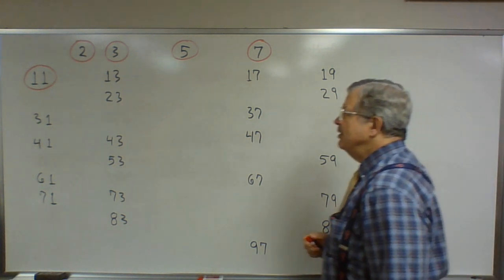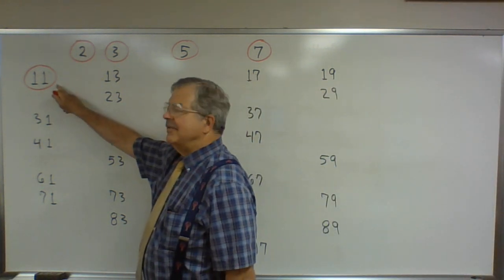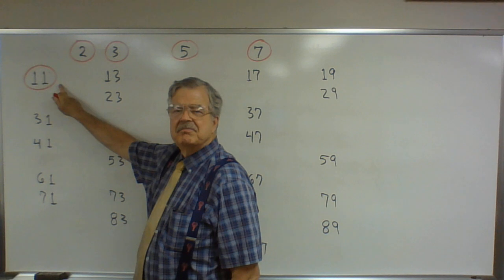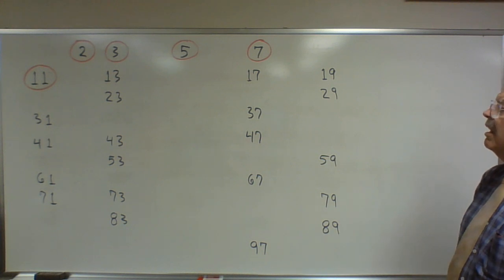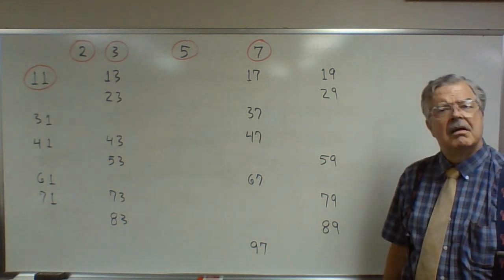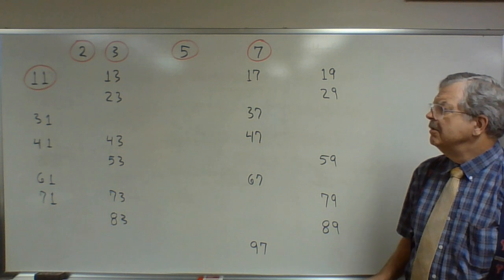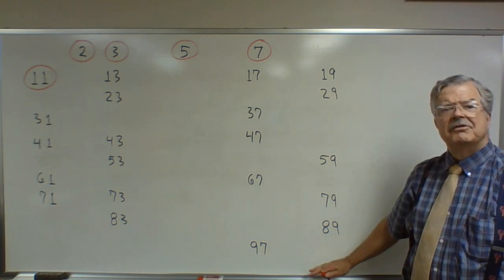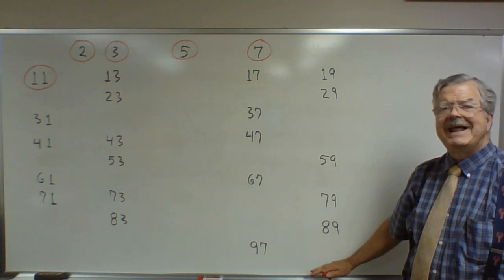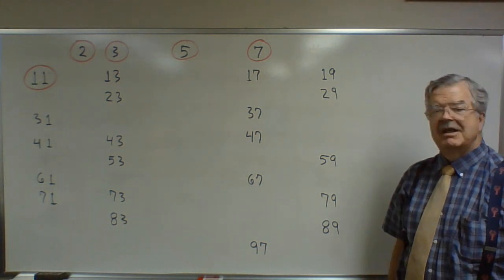The smallest multiple of 11 that will be on this list is going to be 11 squared. Oops, that's greater than 100. There are no multiples of 11 on this list. The smallest multiple of 11 that hasn't already been eliminated is 11 squared.